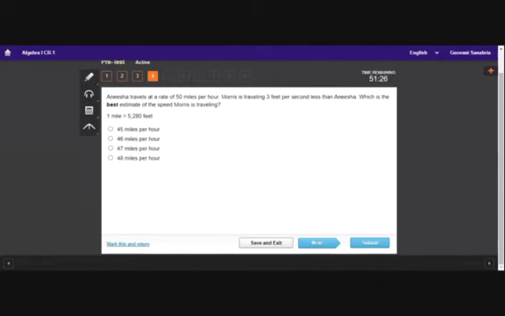Yeah, I don't know how to do this one, I don't think. Let me see. Anisha travels at a rate of 50 miles per hour. Oh, it's 3 feet per second.